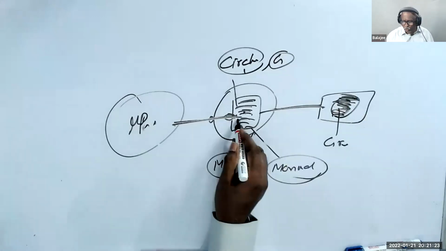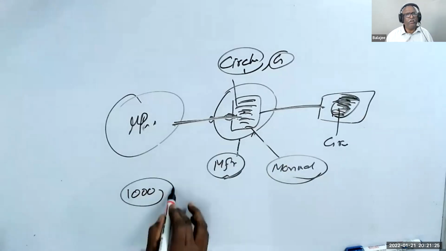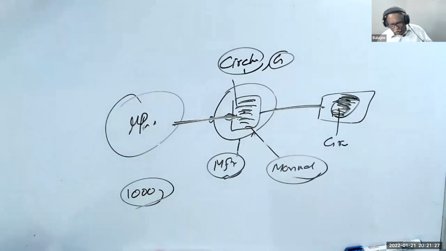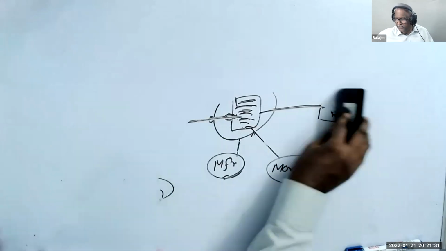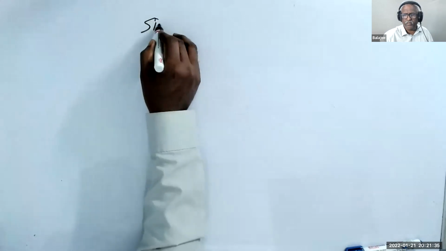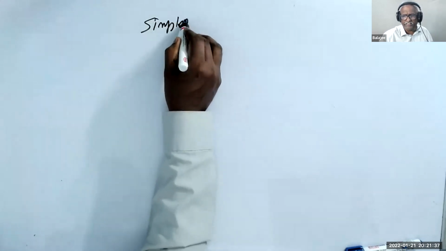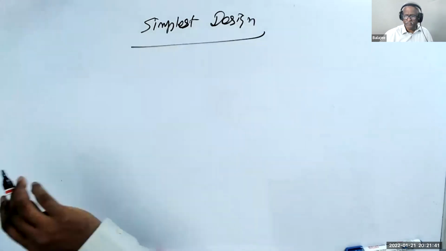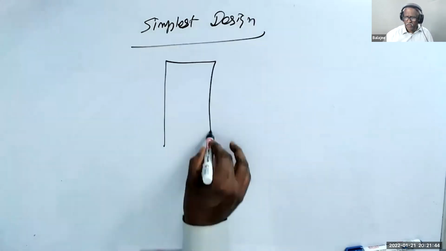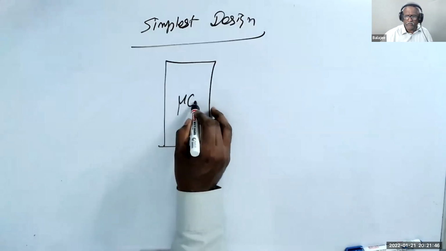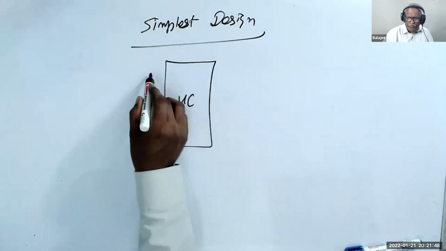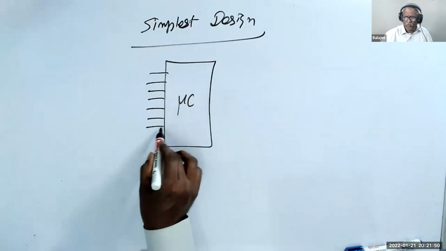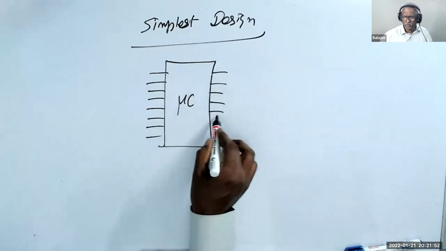Like this, you have thousands of controllers. You cannot learn everything, so there are designs like this. The simplest design is this: I have a microprocessor or microcontroller, which has inputs and outputs.